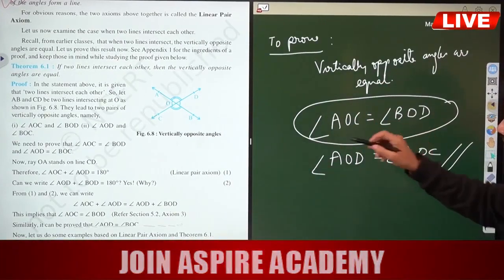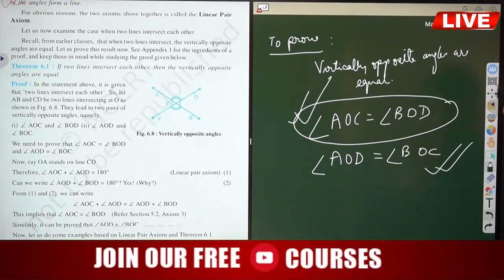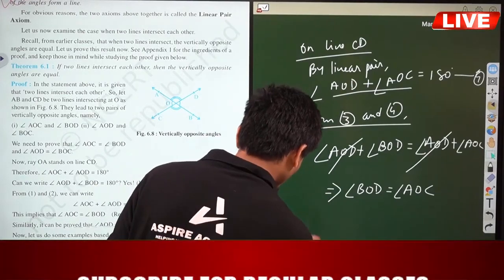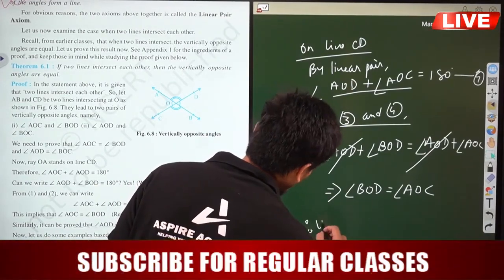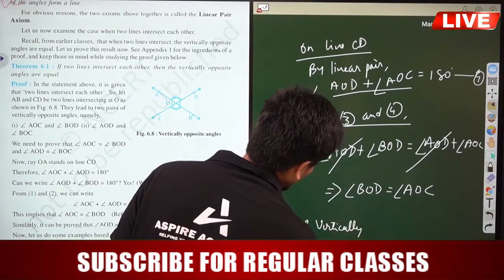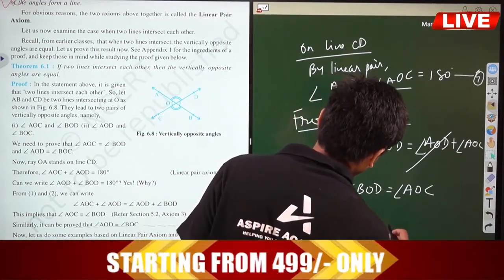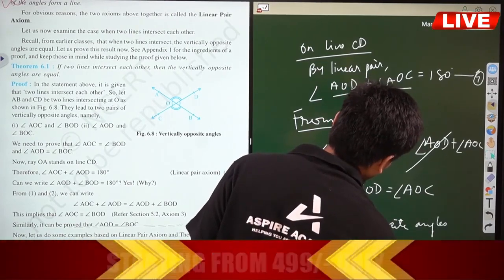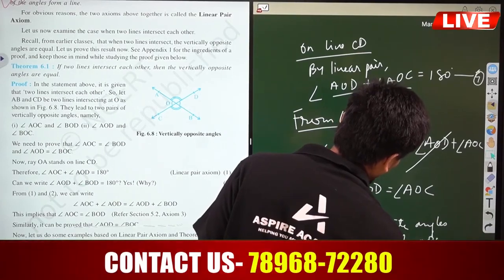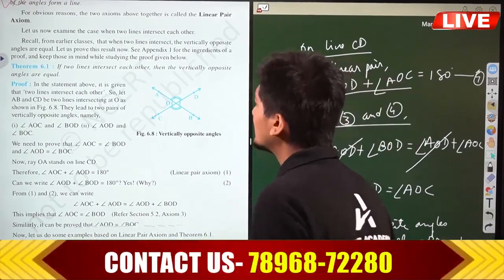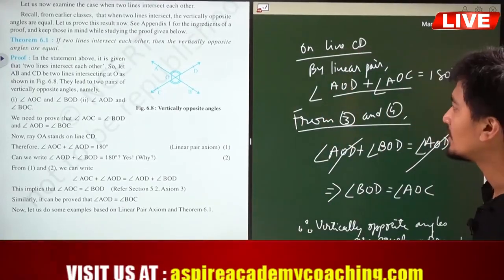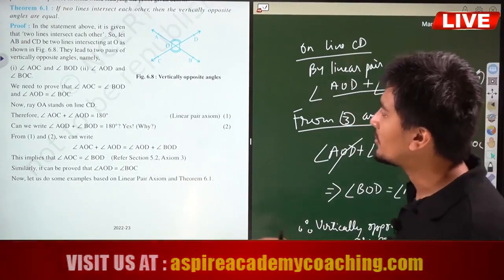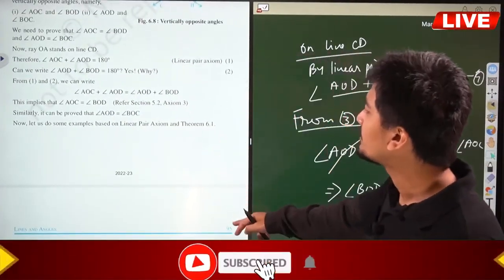Therefore, vertically opposite angles are equal. This is the required proof, hence proved.